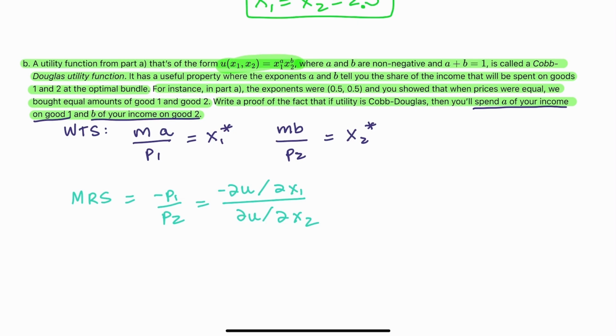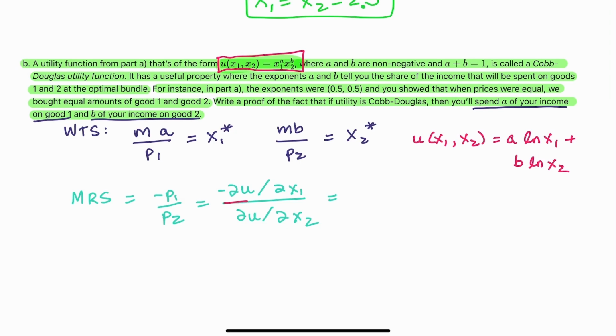So what is the partial with respect to x1 here? I'm going to take this, and I'm going to take the natural log. That's a monotonic transformation that just helps it be easier to work with. So we have that u of x1, x2 is a natural log x1 plus b natural log of x2.